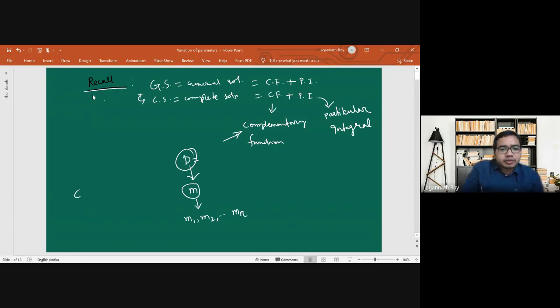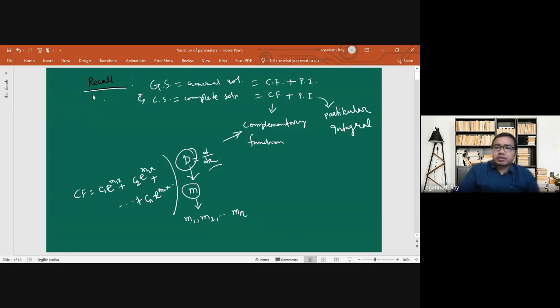Then the complementary function is c1 e to the power m1x plus c2 e to the power m2x plus and so on, depending on whether they are repeated roots or different roots, up to e to the power mn x.